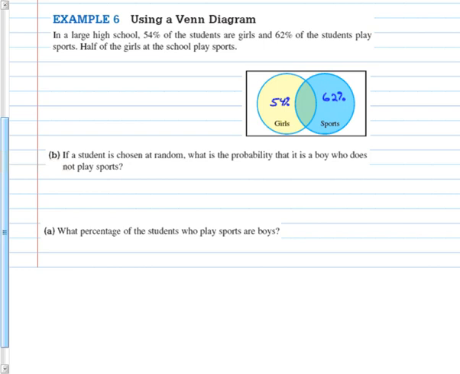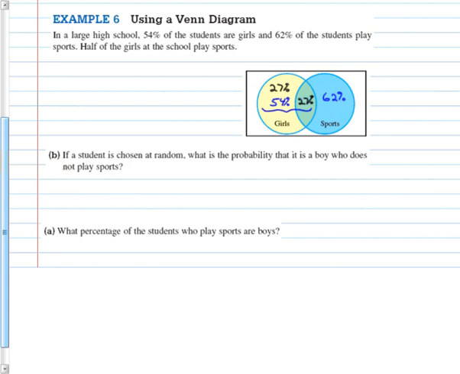Half of the girls at the school play sports. So if half of them play sports, then that means 27% of the school are girls who play sports. And 27% of the school are girls who do not play sports. So that 54 here is all the girls.